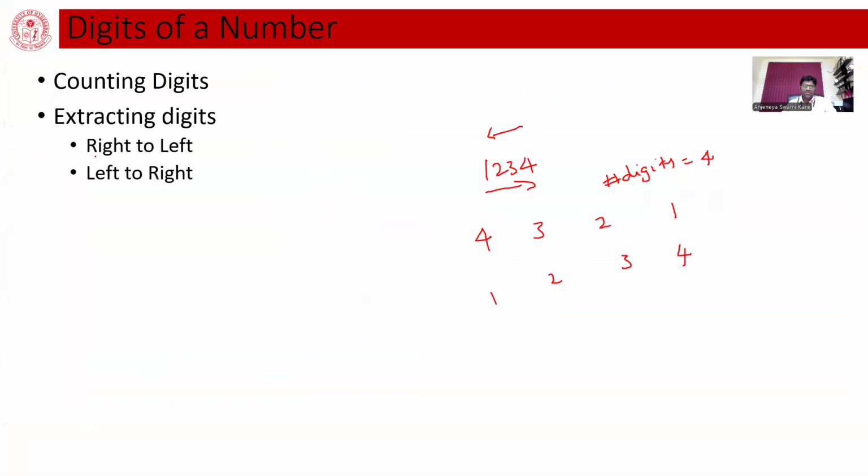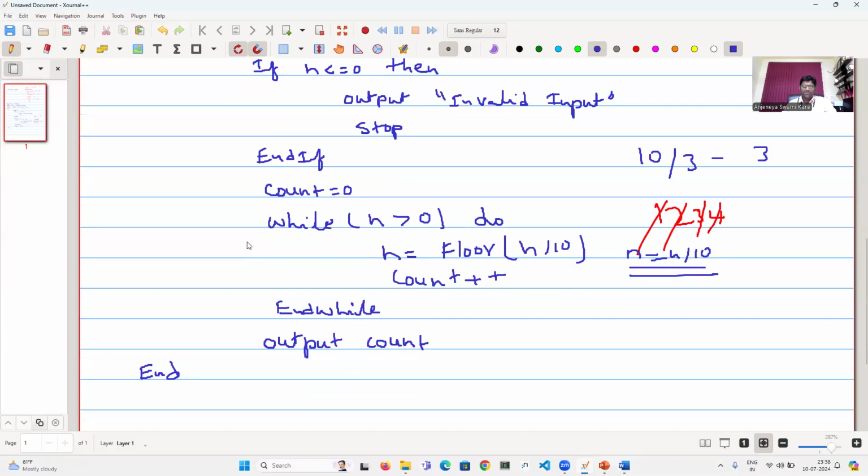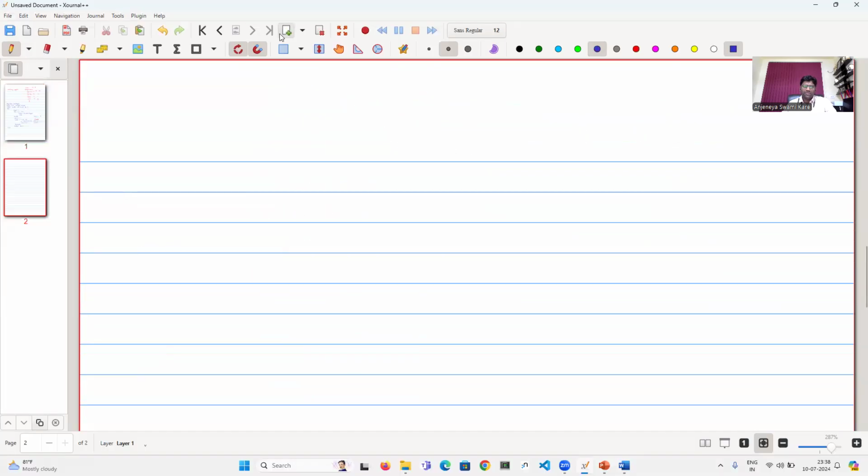Next is how to extract the digits from right to left. For example, if you have a number 1 2 3 4, we need to display 4 3 2 1. We need to extract the individual digits.